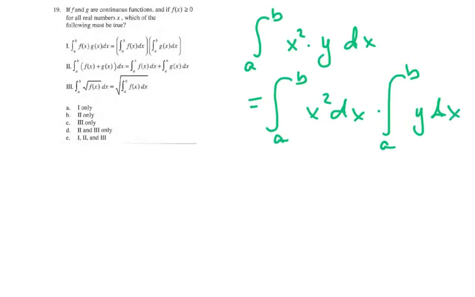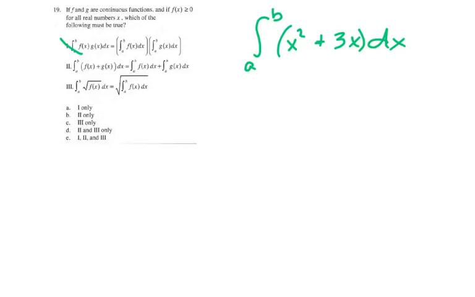So I could take the antiderivative of each piece and then multiply the results together. That is not true. That is not something we have ever done in this class. It is not something that could be done at all. So that rule is not a true statement, so one is out.